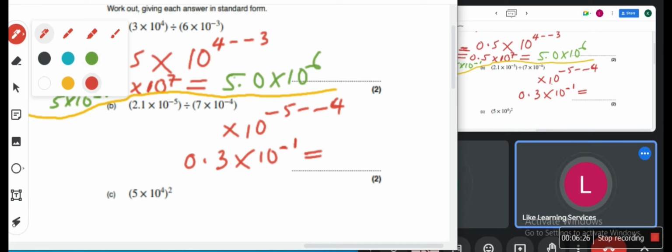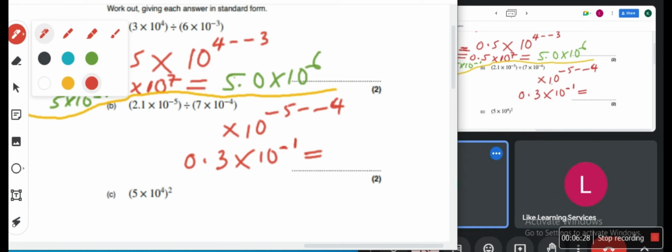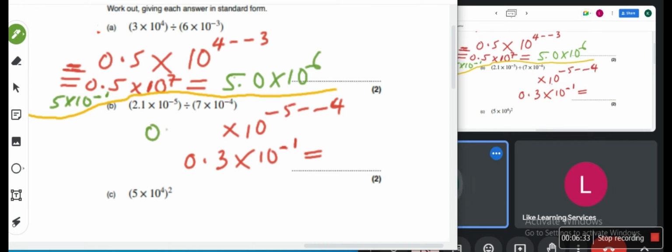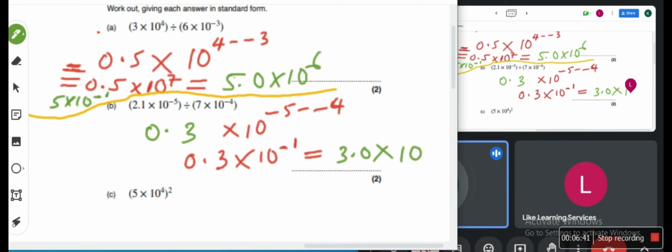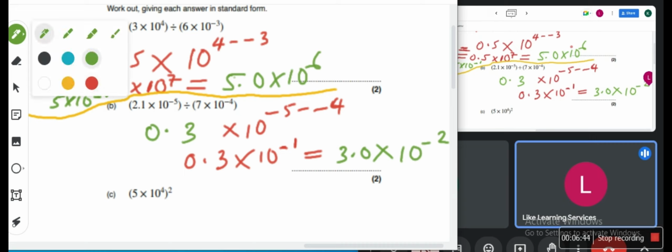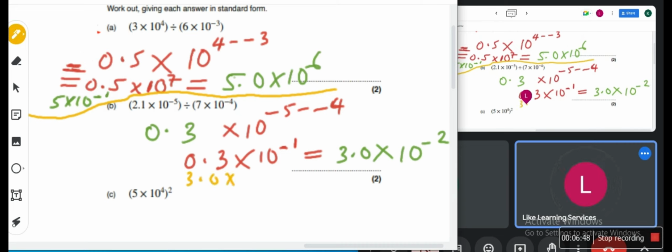So what will it be? 3.0 times 10 to the power of minus 2. Correct, because this 0.3 itself is 3.0 times 10 raised by minus 1. And by the time you include this minus 1 again, that's minus 1 plus minus 1, which is minus 2.